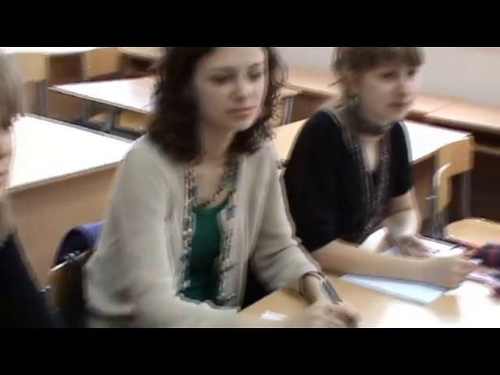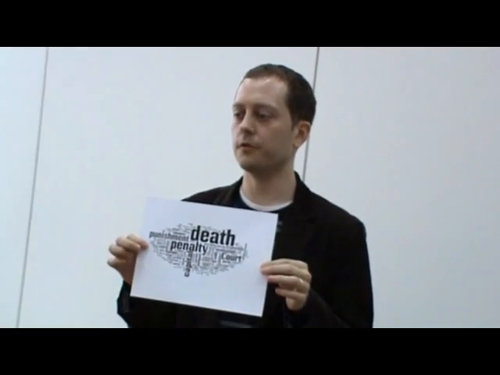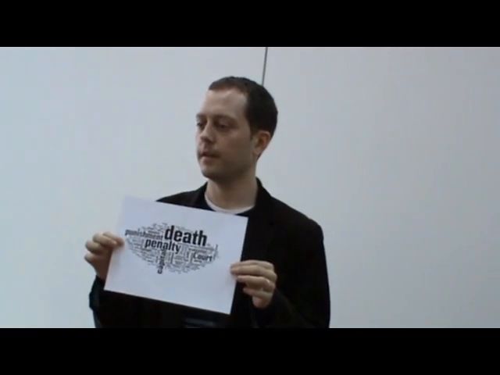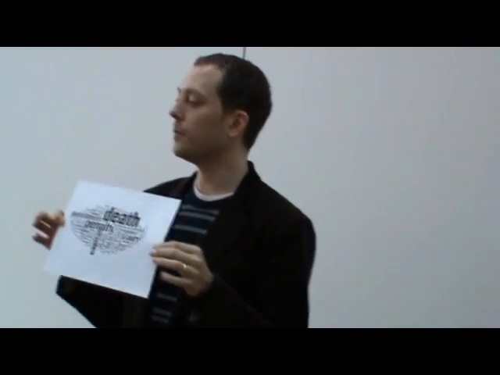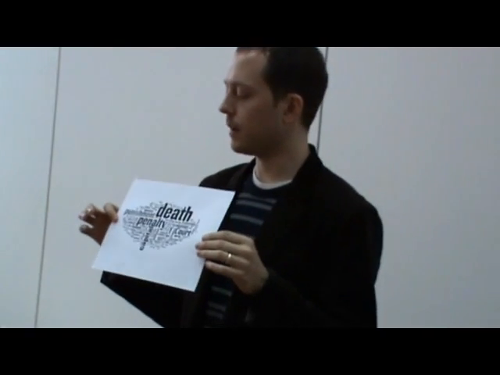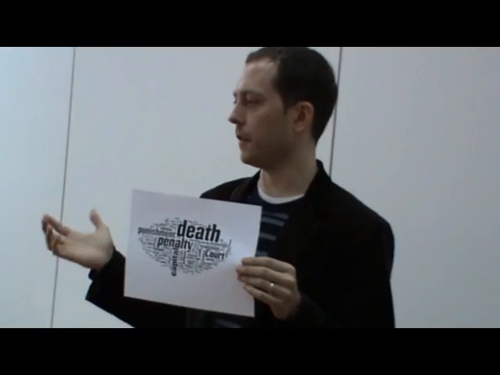Actually, I'm going to give you this. Have you seen something like this before? Does this look familiar? No. This is called a word cloud. And there's a website where you can go and you take text from anything, from a website, from an article, and you copy the text into the box, and it creates a word cloud for you.